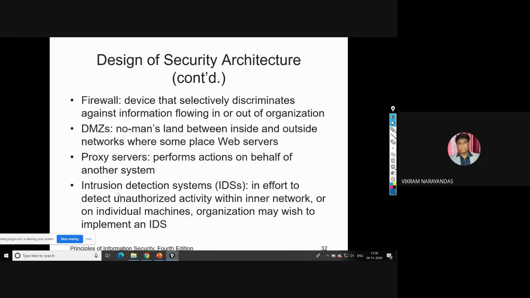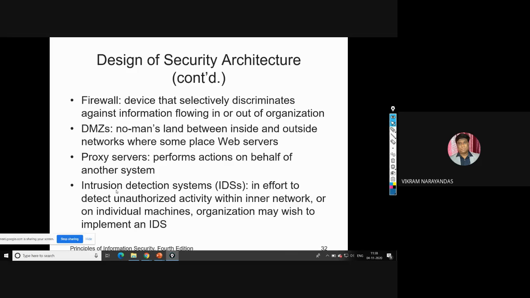Next, coming to the intrusion detection systems, IDS. You can see so many papers in IEEE or ACM. If you go for security and networking concepts papers, this IDS plays a major role here.